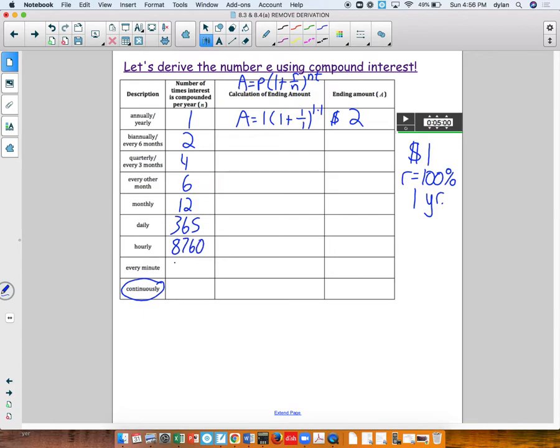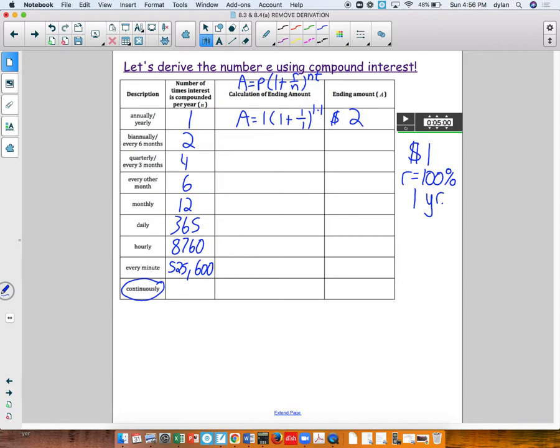Every minute would be 525,600 times per year. And then continuously, we're going to look at that one together, so you can skip that bottom row for the moment. But I'd like you to take a few minutes, using your calculator, to fill out the rest of this table and then resume the video when you've done that.